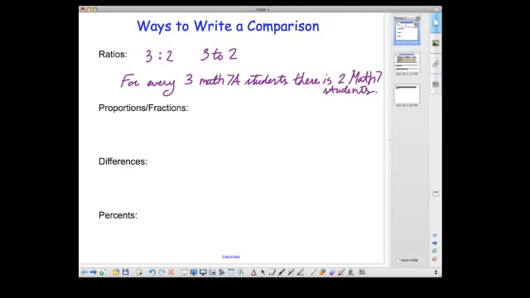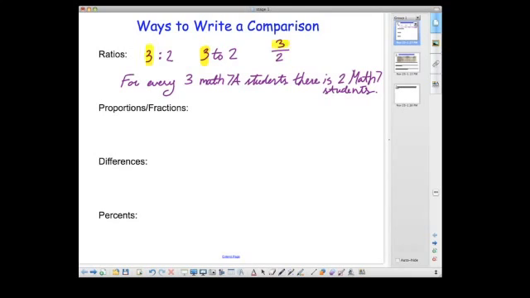The third way that you can write a ratio is as a fraction. But when we write a ratio as a fraction, we usually refer to it as a proportion. And when you write it as a fraction, you write it as 3 over 2. So the number that appears first in the ratio, all the way to the left, which is the 3, is going to be our numerator.